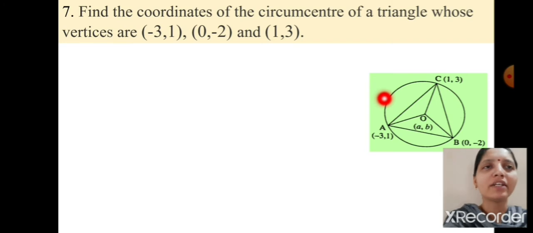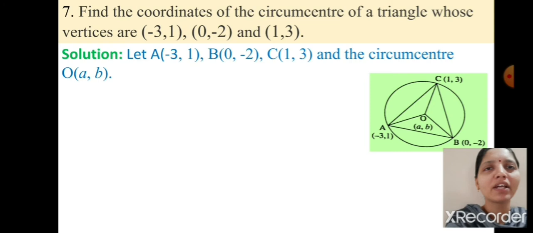Okay, so that is called the circumcenter of a triangle. Now let's write down here. Let point A have coordinates -3, 1, B have coordinates 0, -2, C have coordinates 1, 3 and the circumcenter O have coordinates a, b. And we have to find out the values of a and b.